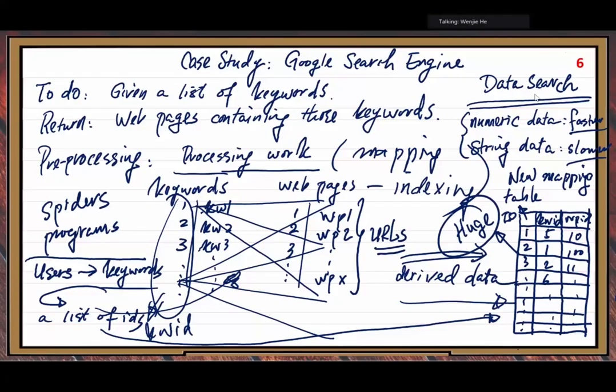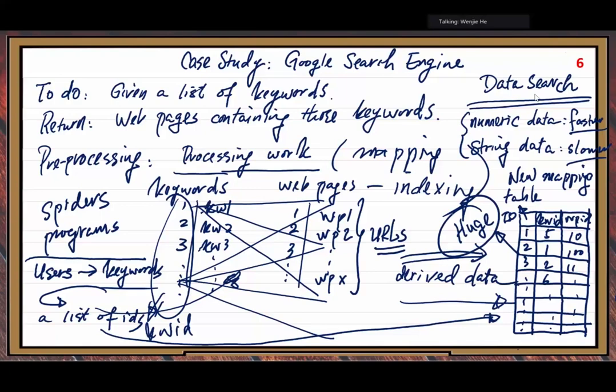So here we need to do another thing to improve our users' experience. When we do the search, first, we get aggregate information. We count the number of pages that contain the keywords.